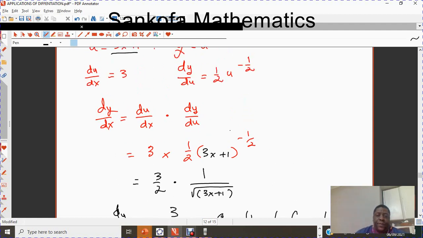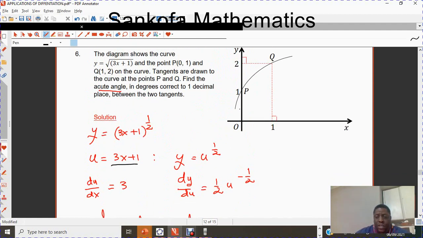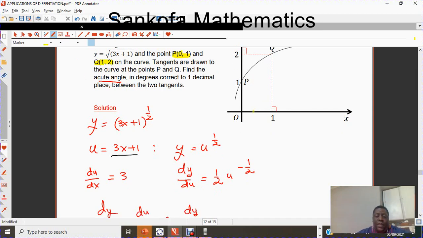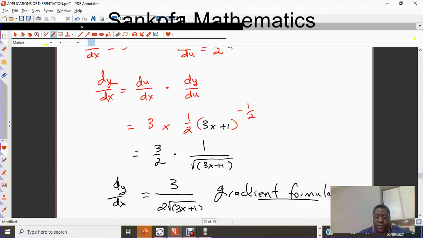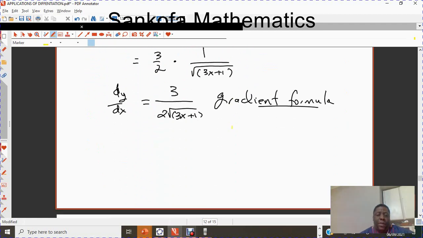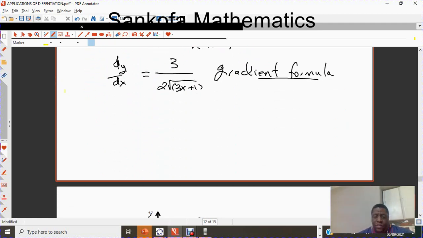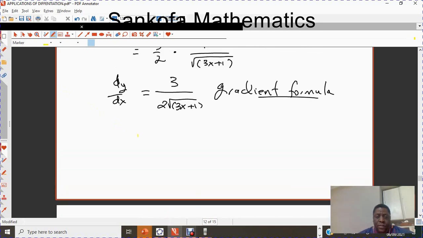Okay, so the objective here is, now I've got two points. I have the point P and I have the point Q, and I can find the gradients at the x values at those points.